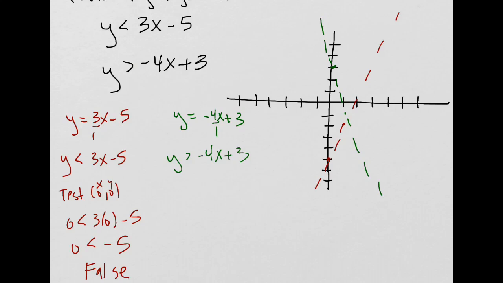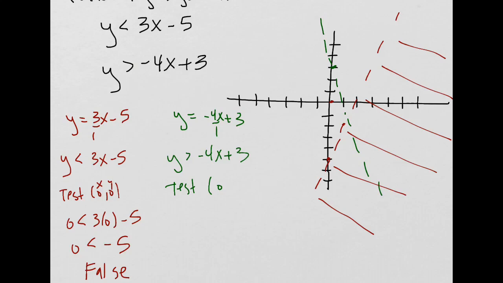Okay, so that means for the red guy, I don't want to shade the side of that red line that contains the point 0, 0. So for my red guy, I would want to shade basically all of this section. For the green guy, again, I want to test 0, 0. So if I plug 0 in for x and 0 in for y, I get 0 is greater than 3. That's a false statement as well.